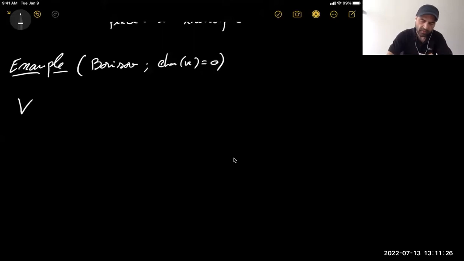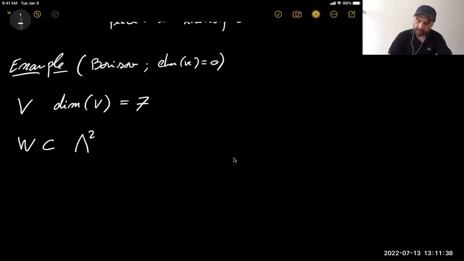So let me just mention this. Suppose that you have a vector space V over K of dimension 7, and you choose a subspace. Here you take the second exterior power of the dual of V, and you take a linear subspace W of dimension 7 once again, and you make a generic choice.